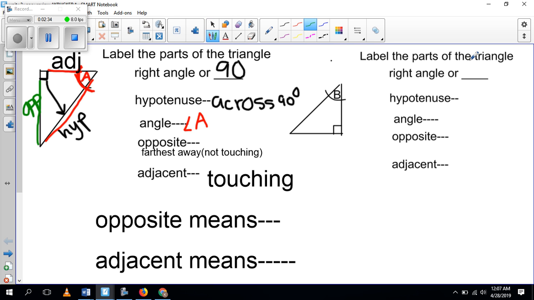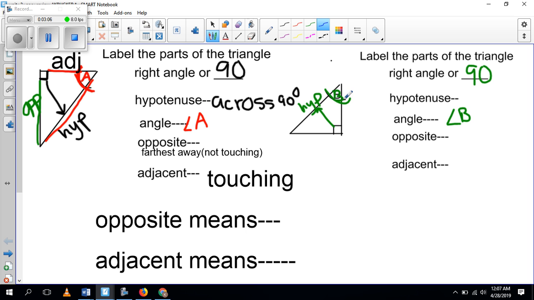We're going to label the parts again. Right angle, or 90. The hypotenuse is always across from the 90. So here's my 90, and that makes my hypotenuse. The angle I have identified here is angle B. Now we need to figure out the opposite: the one that's not touching the angle, the farthest away.